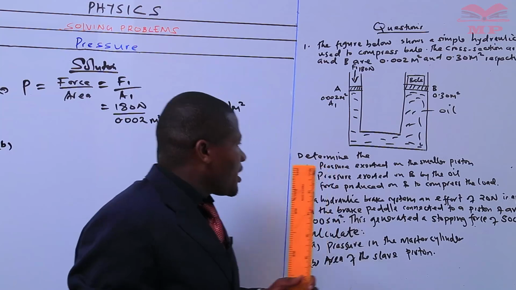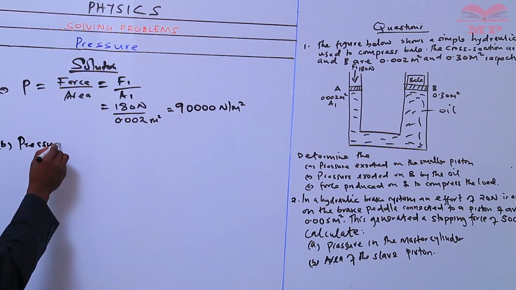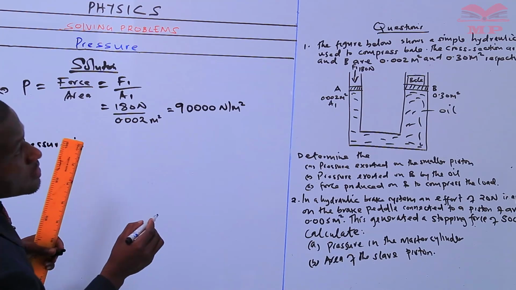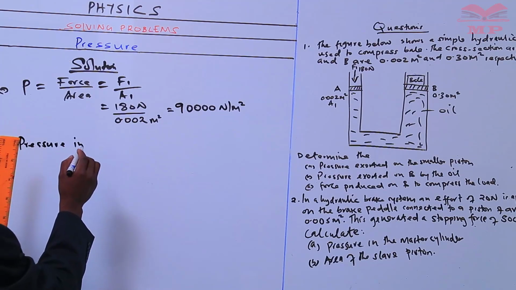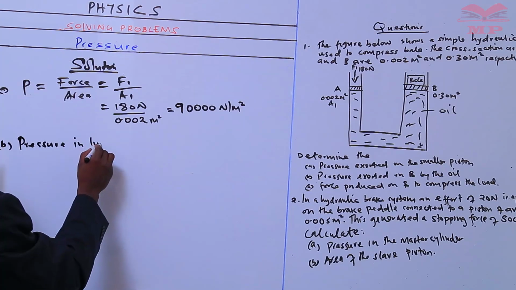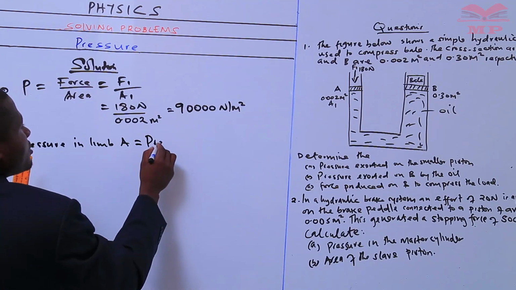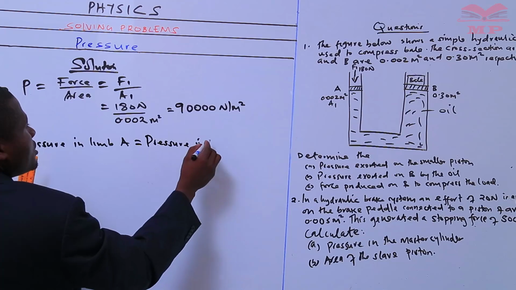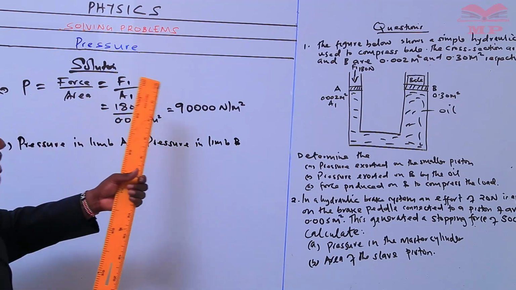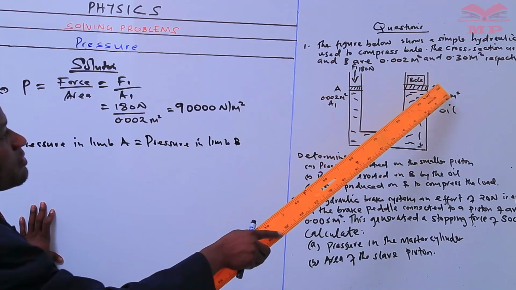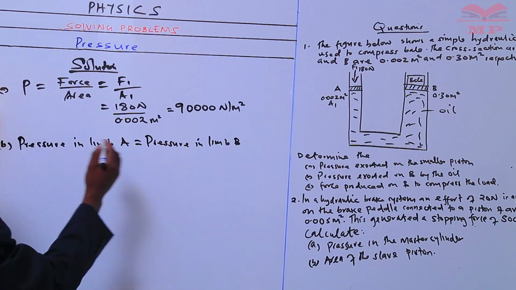Meaning that pressure in limb A is equal to pressure in limb B. Pressure at A is just the same as pressure at B. This is by Pascal's principle.